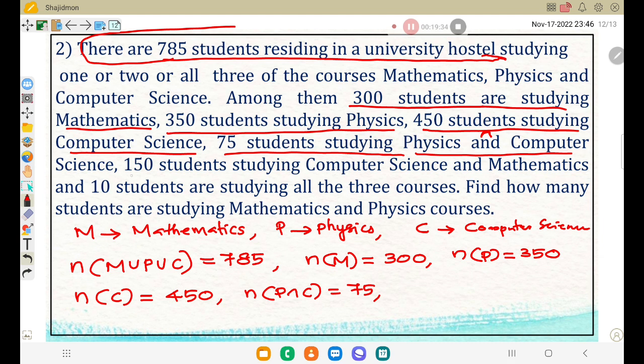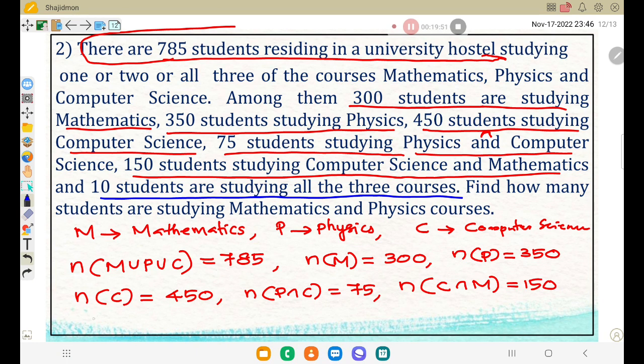Then what is next? 150 students are studying computer science and mathematics, so the number of students in computer intersection mathematics equals 150. Okay, now again you can read. 10 students are studying all three courses, so the number of math intersection physics intersection computer science, the intersection of all courses, equals 10.